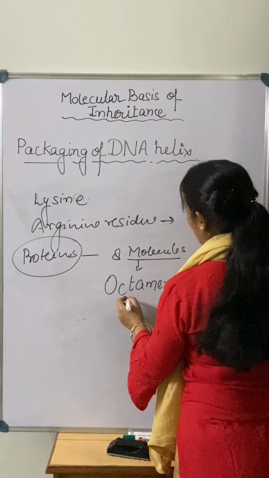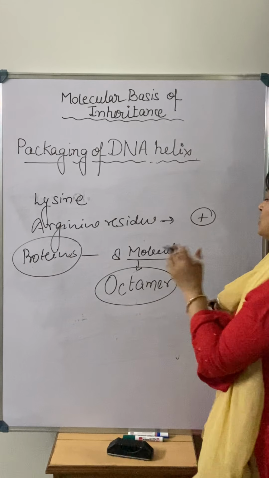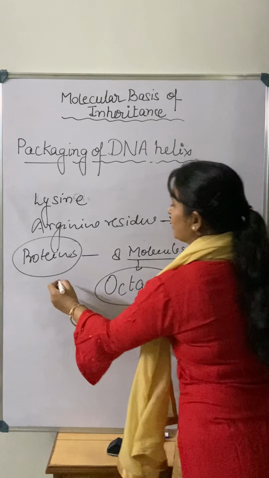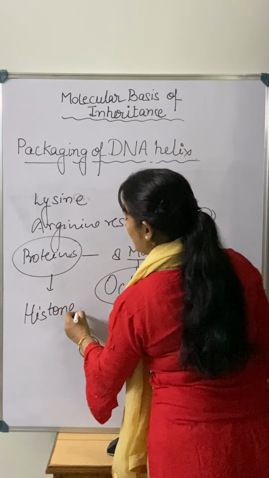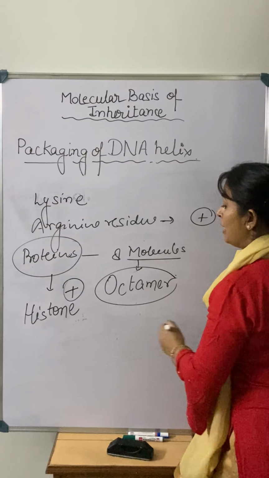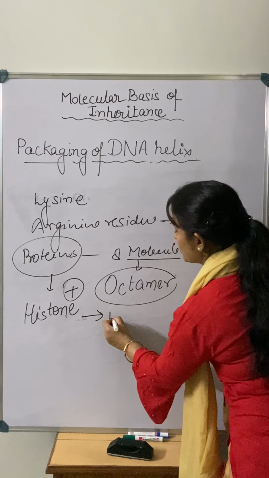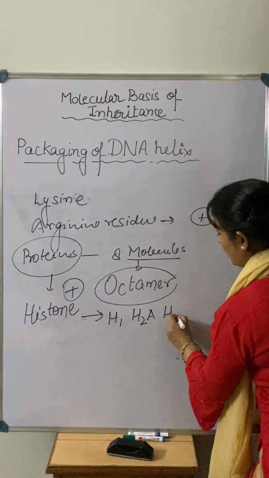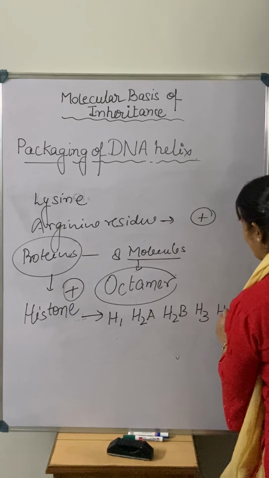These octamers, these 8-molecule protein structures fitting together, form a structure that we call a histone protein, right? So what is the histone protein? They are positively charged, right? And there are 4 types of proteins present in this histone: H1, H2A, H2B, H3 and H4.